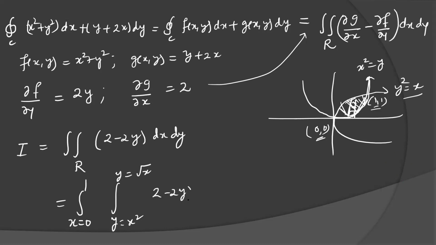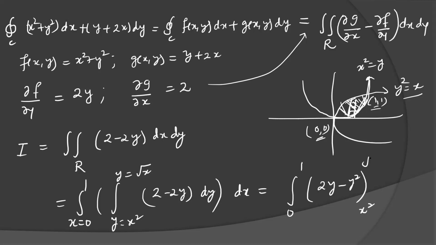So (2 minus 2y), we have to integrate with respect to y firstly, dy dx. So it will give you 0 to 1, integrate with respect to y, 2y minus y square from x square to root x dx. Now if you simplify it, I'm giving you the direct answer, it is 11 by 30.